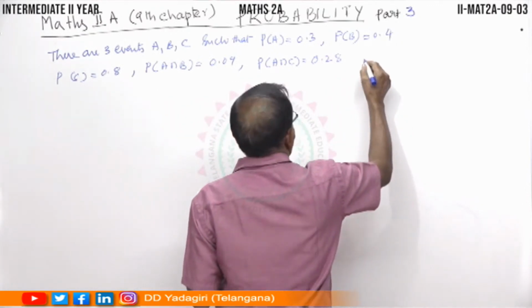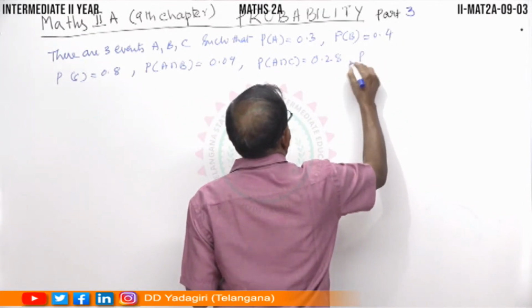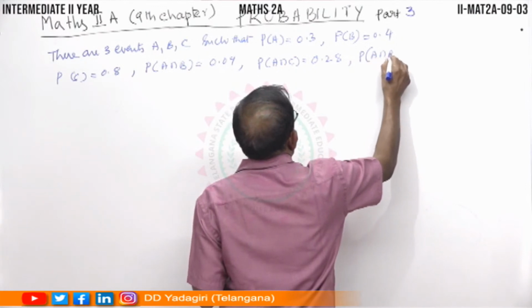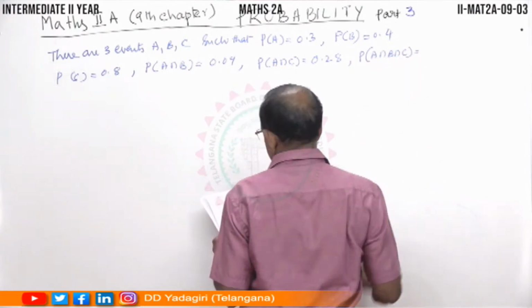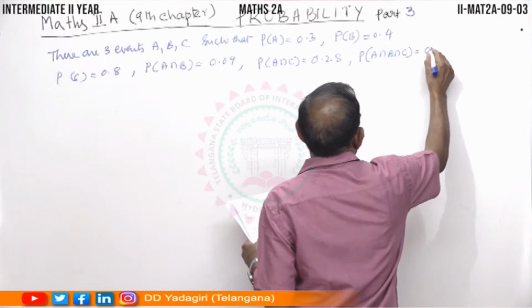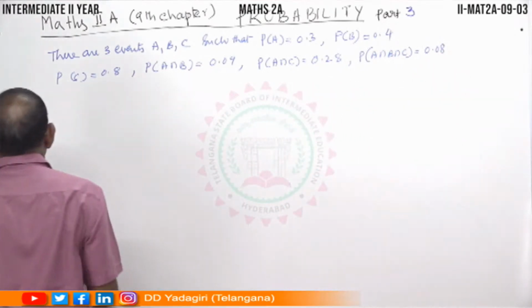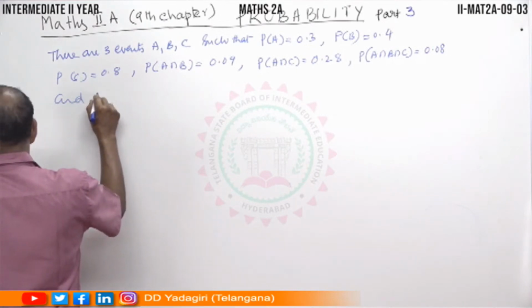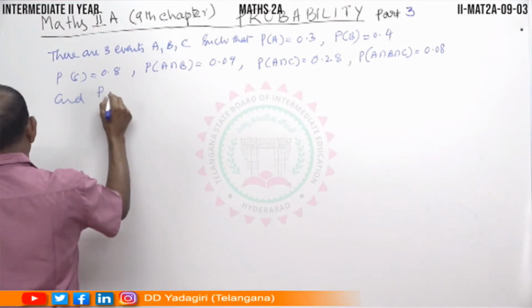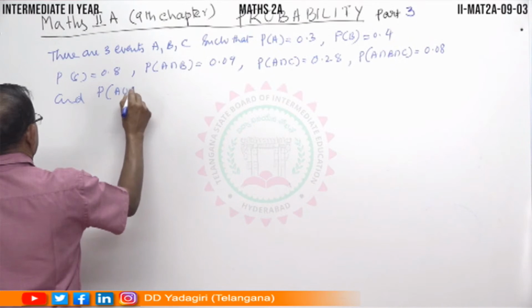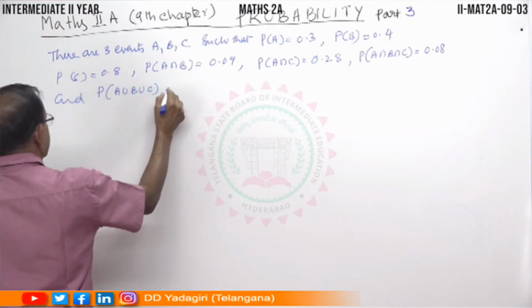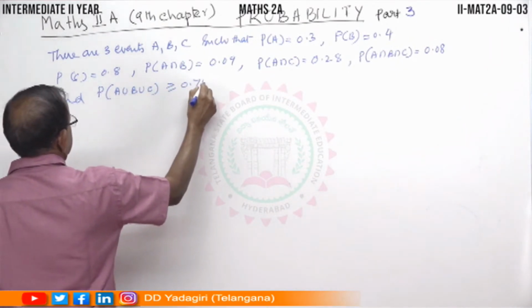P of A intersection B intersection C is equal to 0.08. And P of A union B union C is greater than or equal to 0.75.